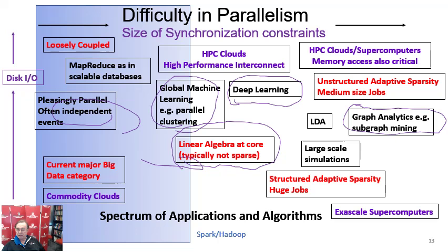It can be very messy because the graph is very irregular, and that irregularity varies across the graph. That is the hardest type of problem to do. Latent Dirichlet allocation is also quite hard for related reasons, because the different documents you're processing have very different word representations, and therefore it's very difficult to get balanced loads.